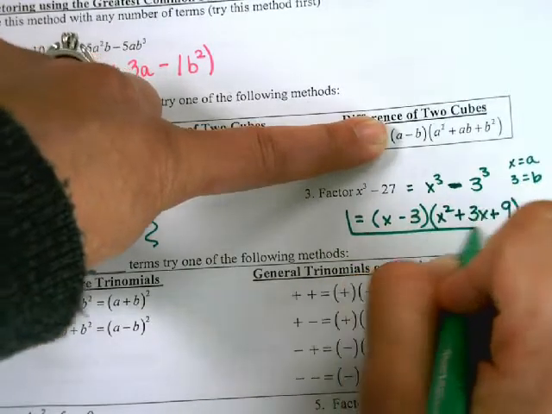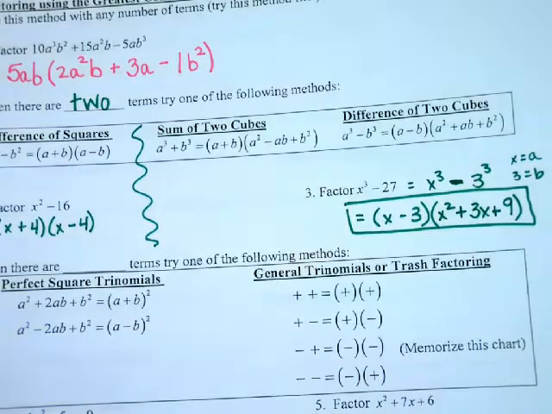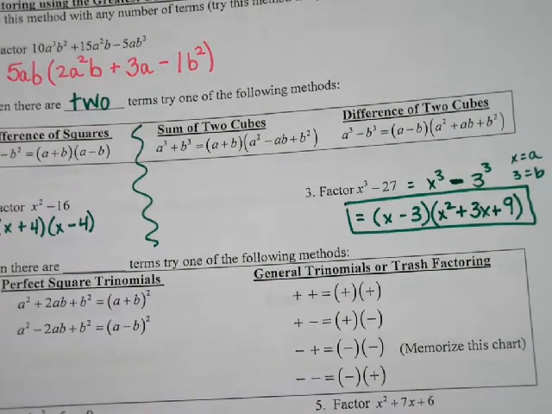The nice thing about factoring the sum and difference of cubes and the difference of squares is that there's nothing else to do to it. That's all that it does. You just use the formula. Okay, there's no sum and difference of cubes on the other worksheet, so let's keep going with the notes, okay?